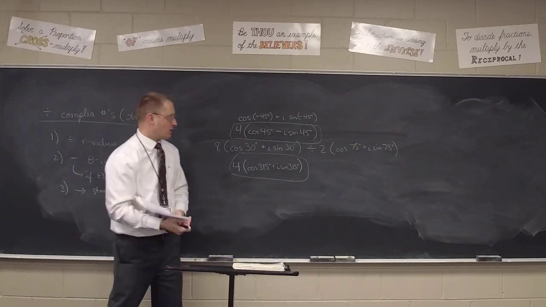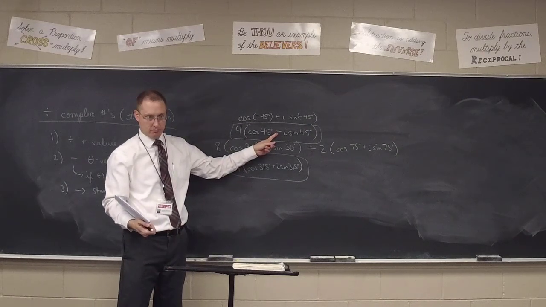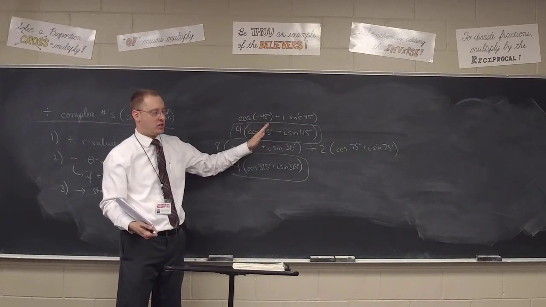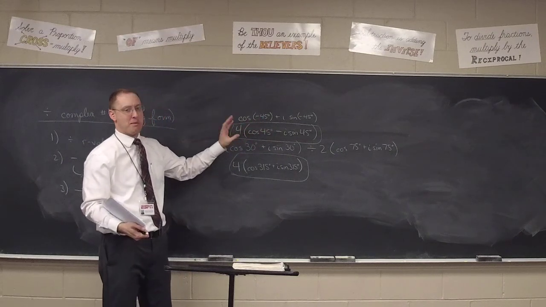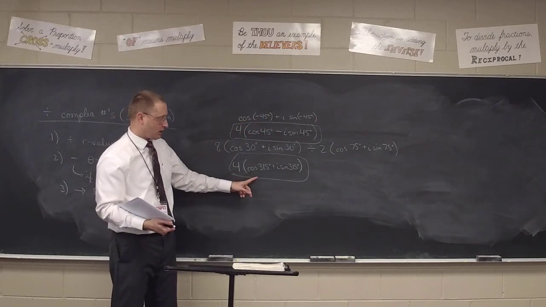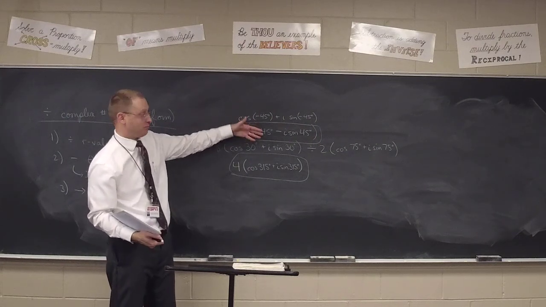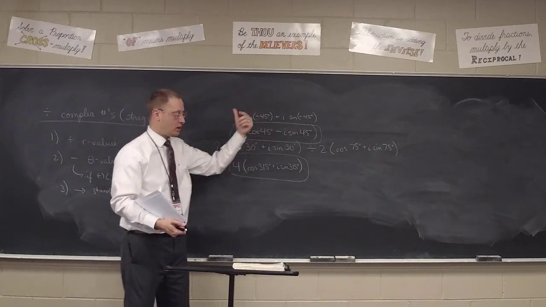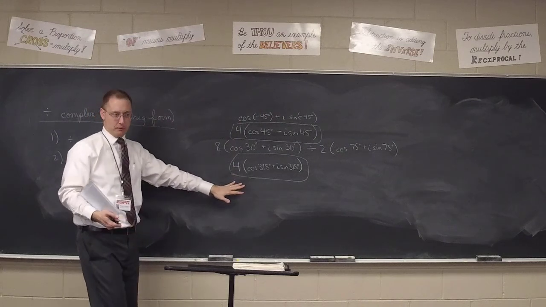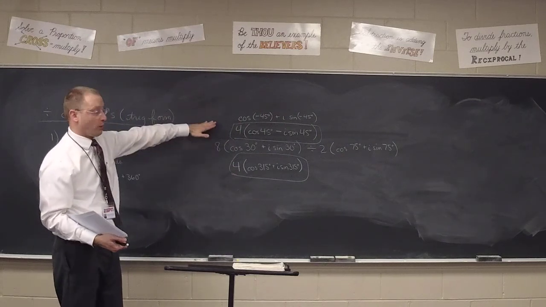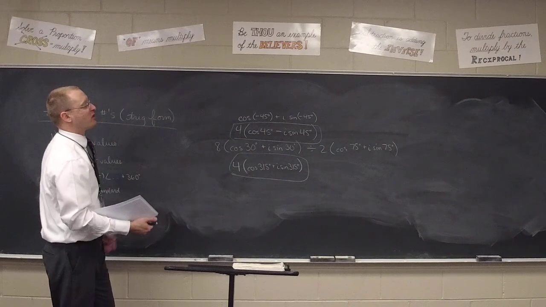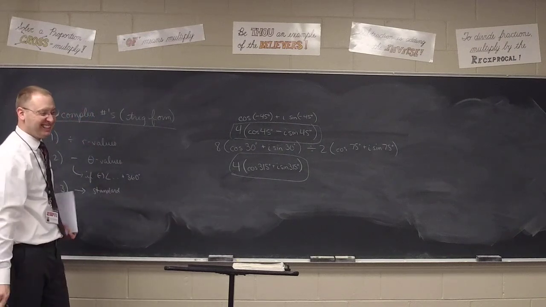My fear is you'd lose the negative, that you'd forget that the negative was there somehow and it would mess you up. You're not as likely to here, so that's why even though this is probably easier, you don't have to add 360. Gone, slide it out. I think this is the safer plan. But both of them will work, and you wouldn't lose points for doing this if you feel like, oh, I'm going to live on the edge, man.